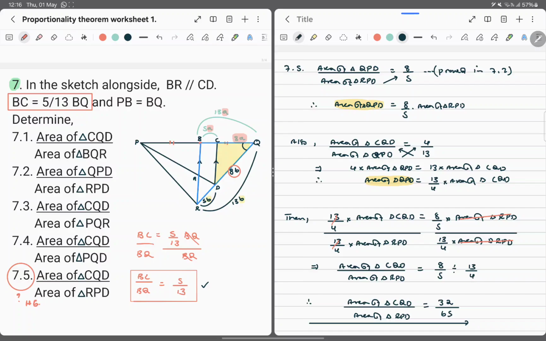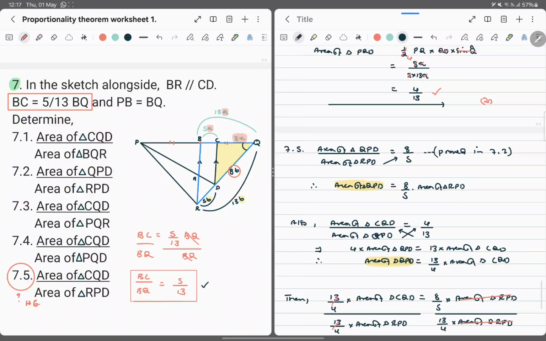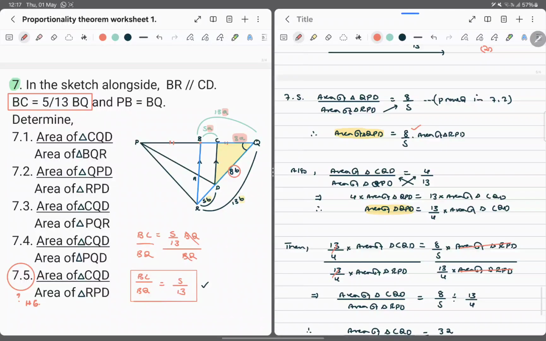So there are many ways. So try to represent the area of this triangle CQD in terms of what is common with this one here. Then you just simply have the ratio directly like we were doing above.